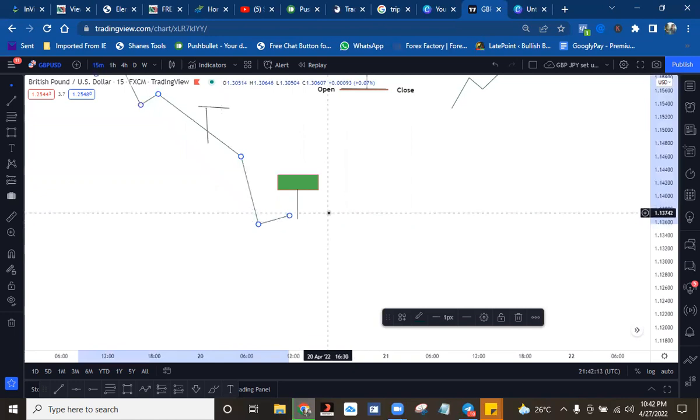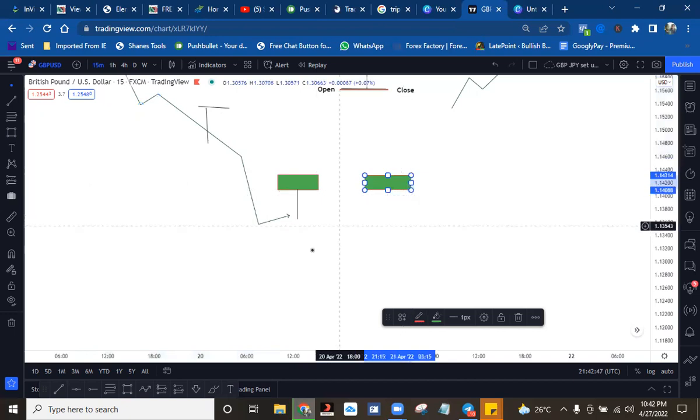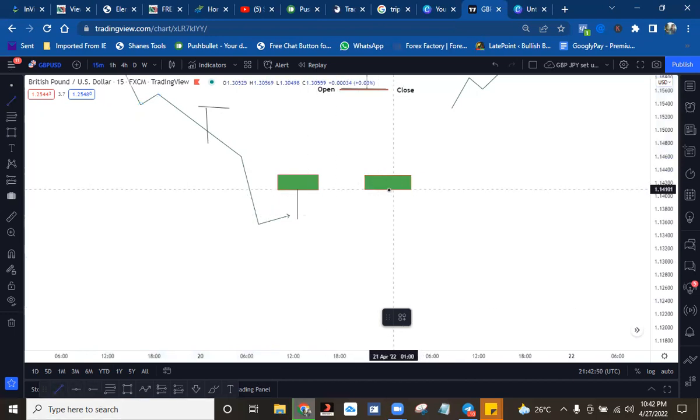All right, now there is also another pattern which looks exactly like it, but is called the hanging man. The hanging man also looks exactly like this candlestick, but that one is for a bearish signal. And that can be effective if you find it in an up moving market. And a hanging man, just like I told you, looks exactly the same as a hammer.